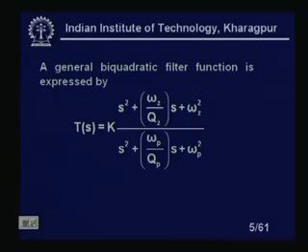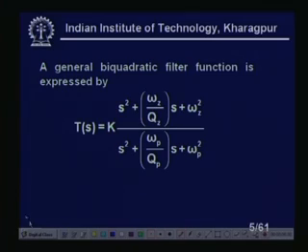Now, a general biquadratic filter function is expressed by T(s) = K (s² + (ωz/Qz) s + ωz²) / (s² + (ωp/Qp) s + ωp²), which is a generalized second order structure. Let us first look at the second order structure. Suppose I have a low pass filter of a second order structure.